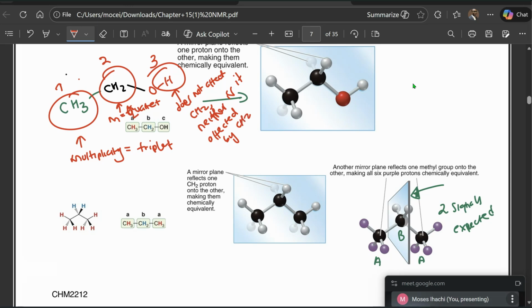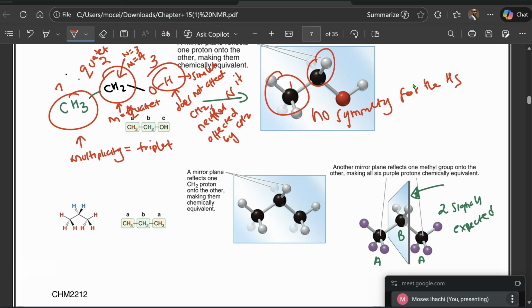So then would the one for H just be 2? The OH will be a singlet, yeah. But this guy, N will be equal to 3, so M equals 4, and therefore it will be a quartet. Here there's no symmetry for the hydrogens, so I expect 3 signals.